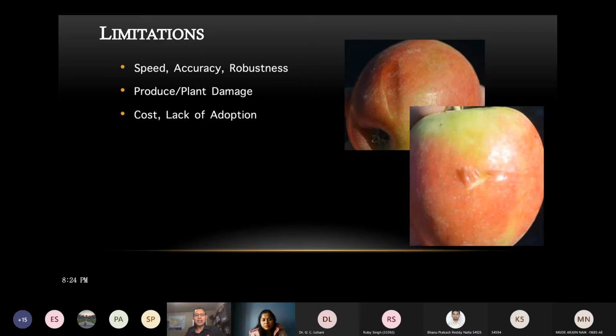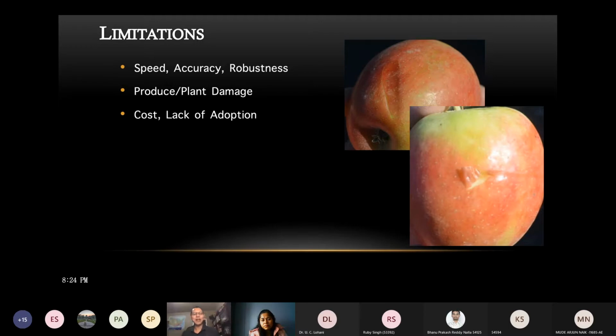Robustness, for example, means something like we may have many different varieties of apples. If we're developing an apple picking machine, it needs to be able to pick apples in different kinds of trees, different varieties. Some are red, some are semi, some are even green. How could we develop a machine that works in all these kinds of situations is one of the challenges.